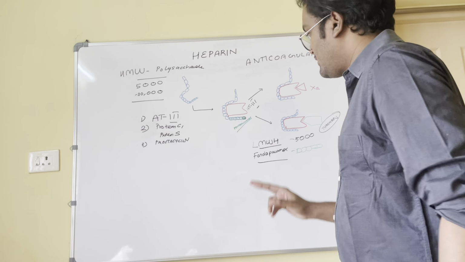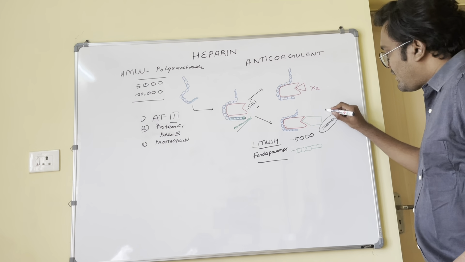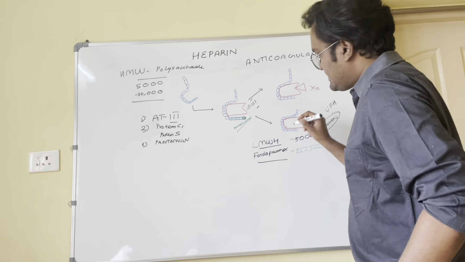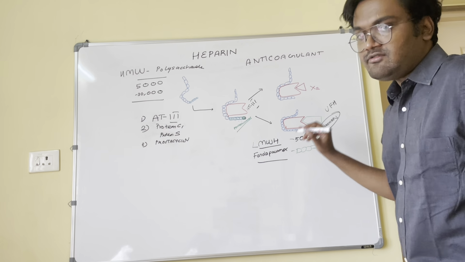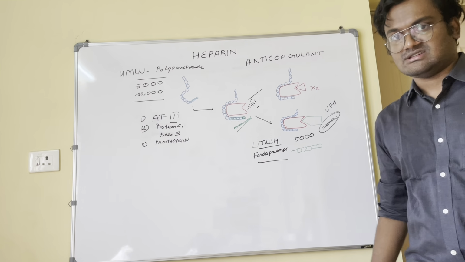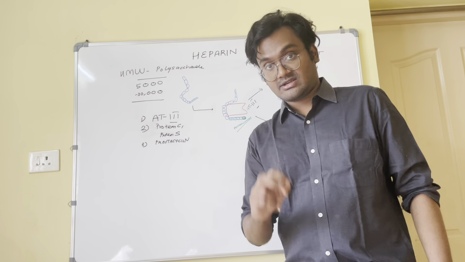So that action is exclusive to UFH, unfractionated heparin. But the factor 10A action happens with both low molecular weight heparin and fondaparinux. So which is more advantageous? I just told you that UFH has two actions.